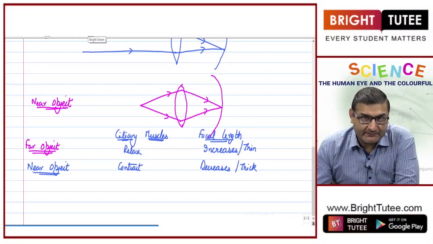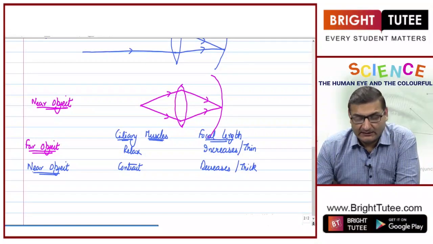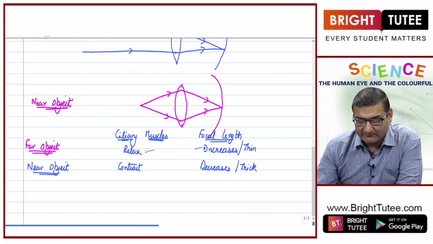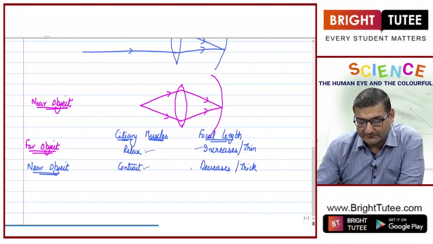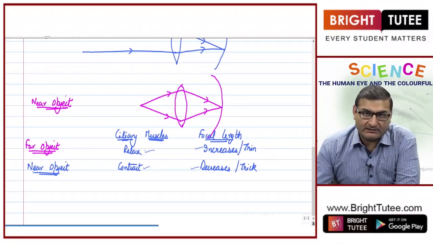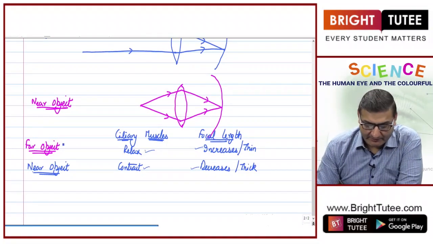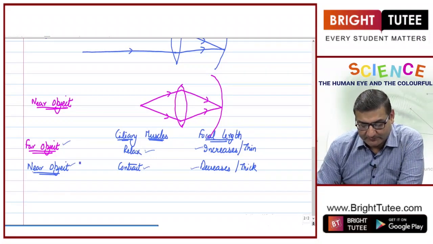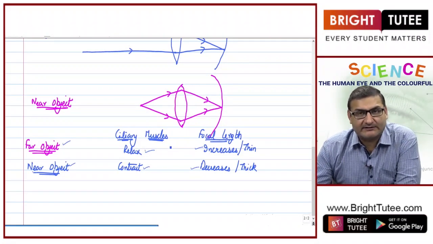So, this is very important. You need to understand what happens to the focal length when ciliary muscles relax, and what happens when they contract. In other terms, if we are looking at far objects, ciliary muscles will relax. If we are looking at near objects, ciliary muscles will contract.